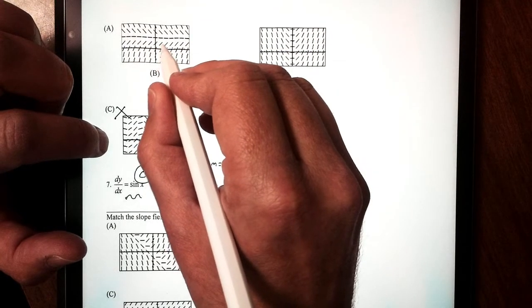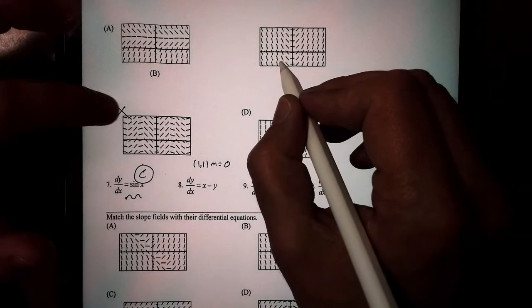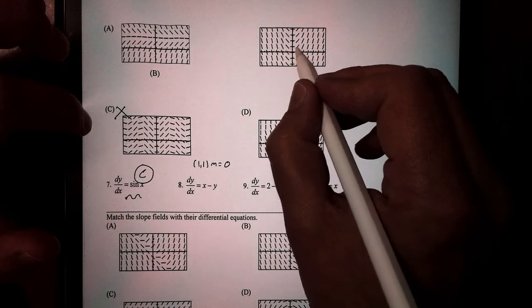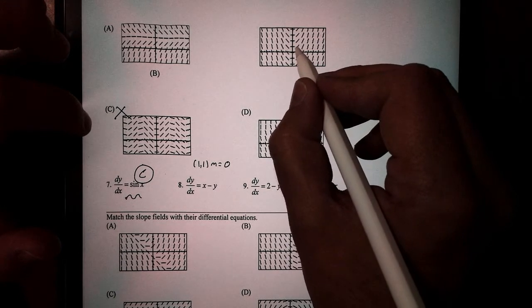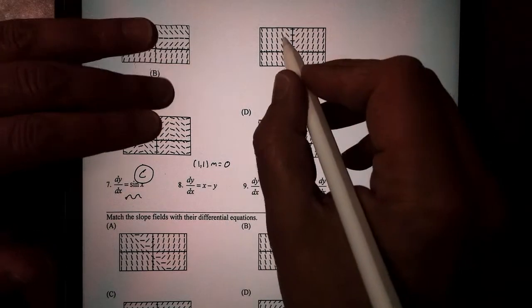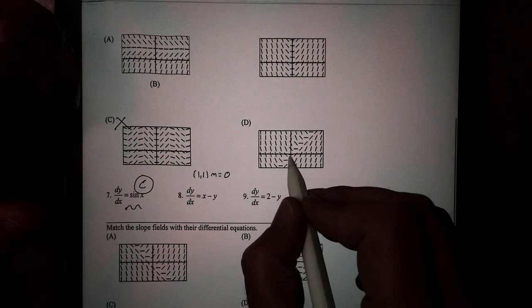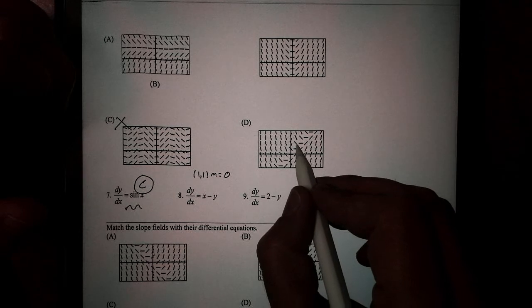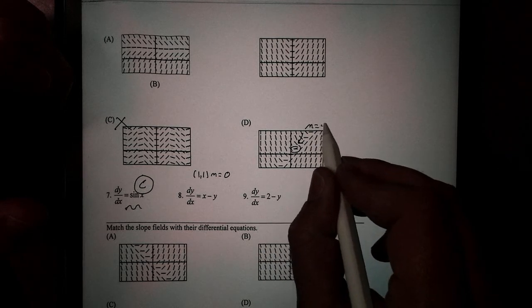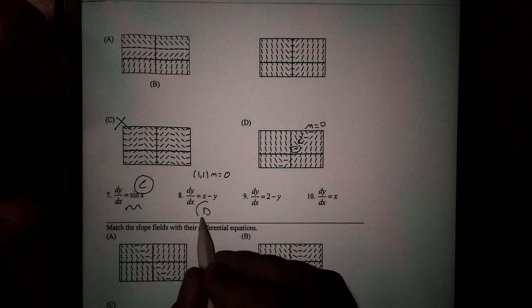See, the slope here is 1, not 0. At B, the slope is also not 0. It looks to be about 1 up here. So it can't be B as well. So the only other choice that we have is D. Look at here. It looks like the slope there is 0. So the only choice is D.